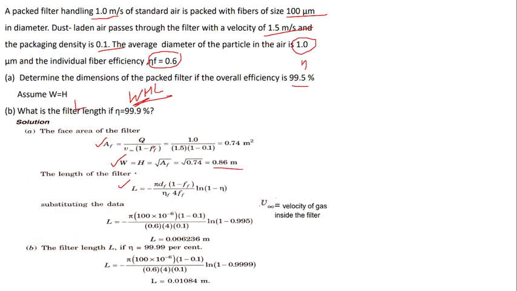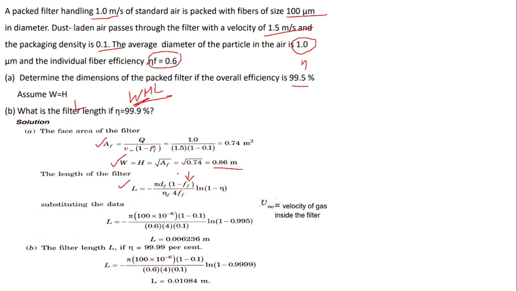Now W and H are determined. Then to calculate the length of the filter, L is equal to pi df into (1 minus rho f) divided by 4 eta f into 4 rho f, with the ln term. Again, all the values are given.